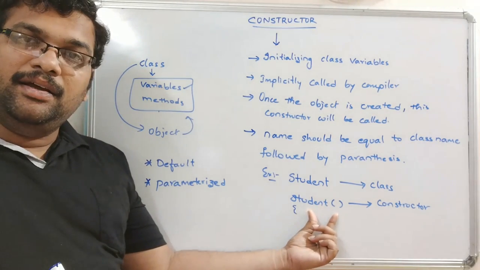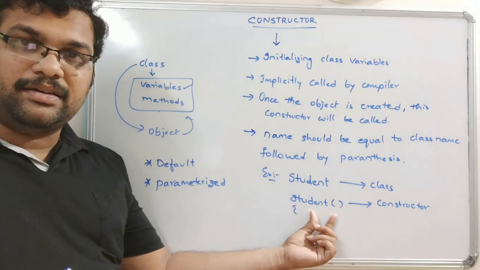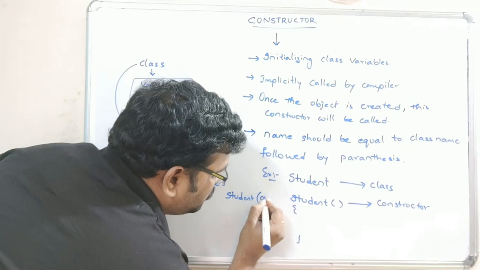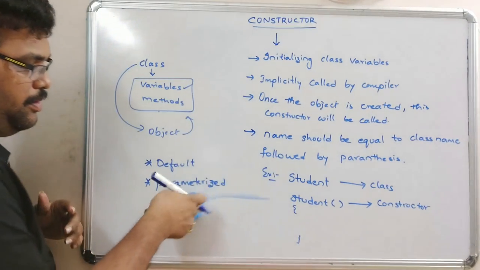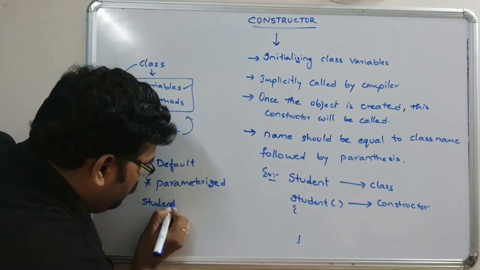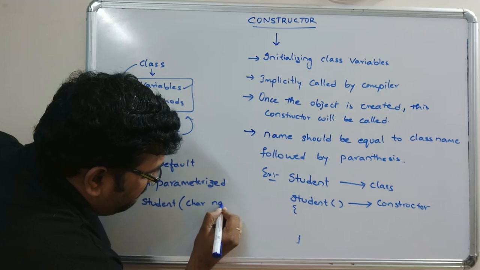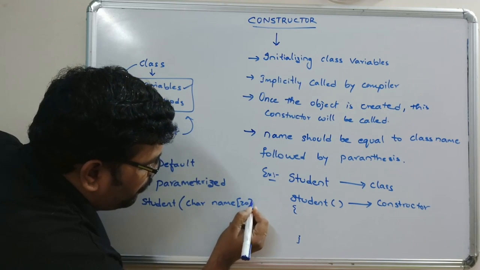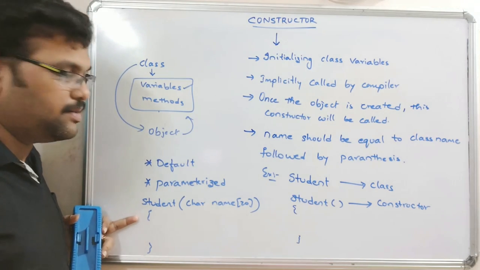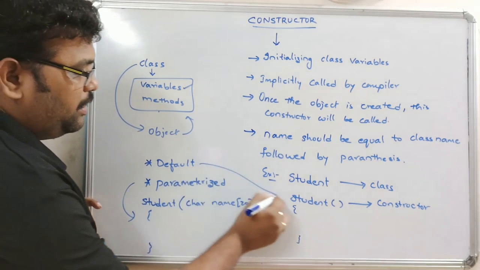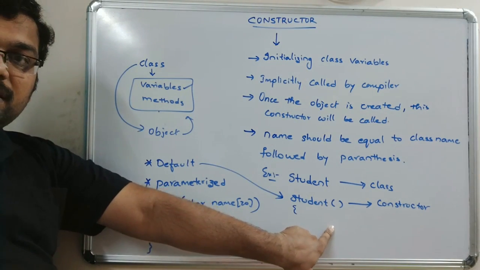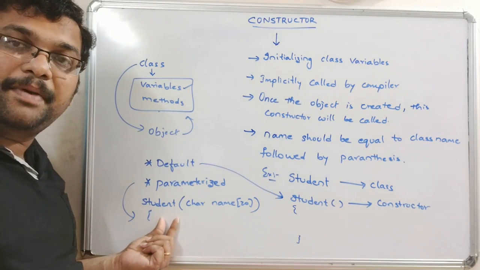So this is the default constructor, and this is the parameterized constructor. Constructor without arguments is the default constructor. Constructor with arguments is the parameterized constructor.